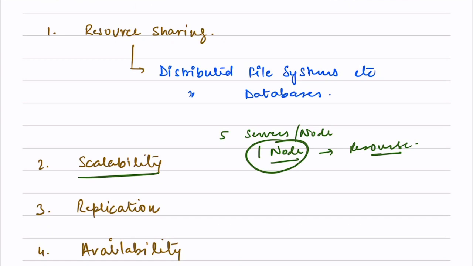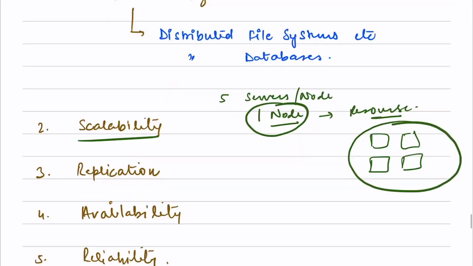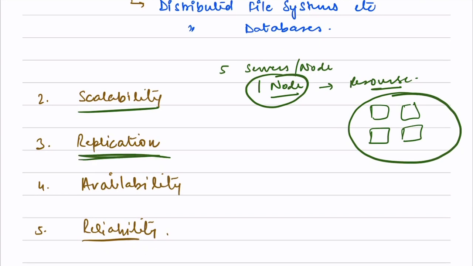And you can replicate, as in you can put more servers, like a mesh of nodes, for whatever is more important. That's one of the motivations. The next is replication. Let's suppose you have a database with some critical information which should not be lost.